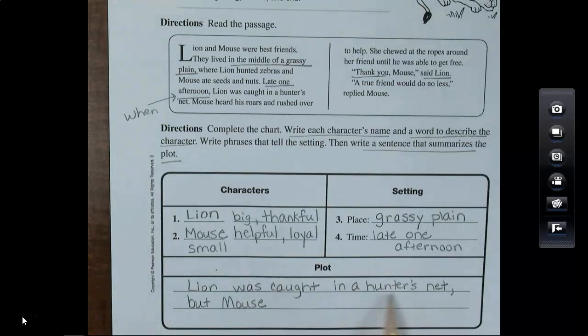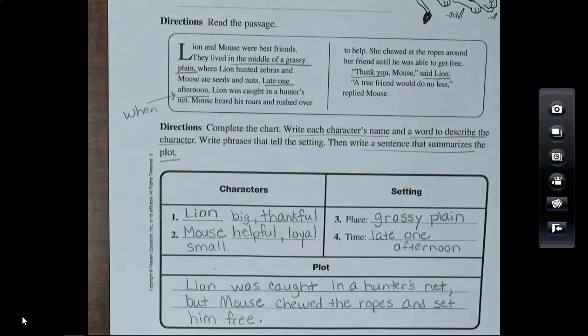Lion was caught in a hunter's net, but Mouse chewed the ropes. There. That sentence summarizes what happened. Lion was caught in a hunter's net, but Mouse chewed the ropes and set him free. Okay, boys and girls, that's our plot.